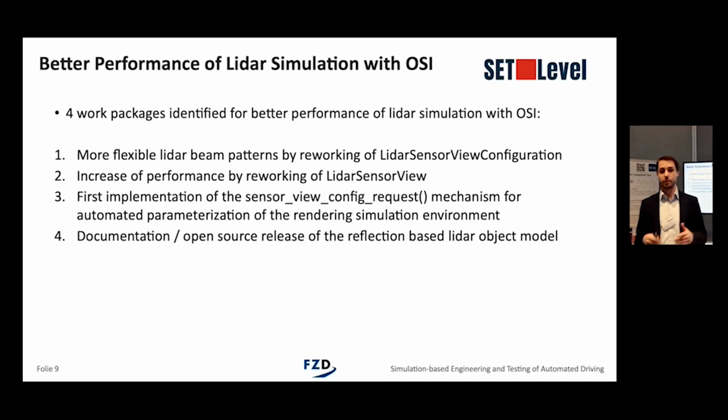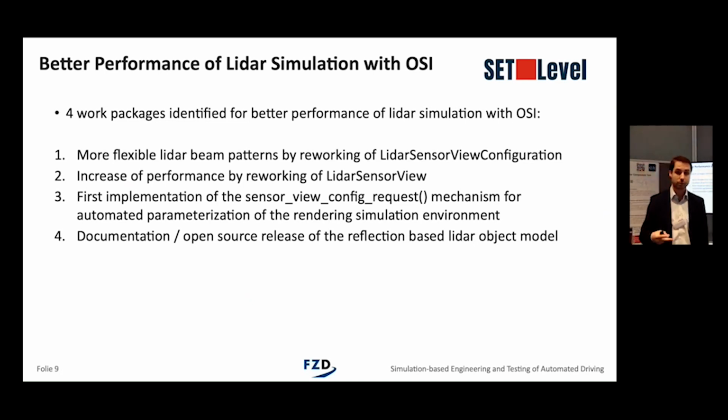And we had 4 major goals here for the improvement of this interface. The first one is to come up with a more flexible support for different beam patterns, because currently the interface is very standard. It's like a pixel matrix, and LiDARs don't work this way. There are different kinds of patterns, so we wanted to improve that.